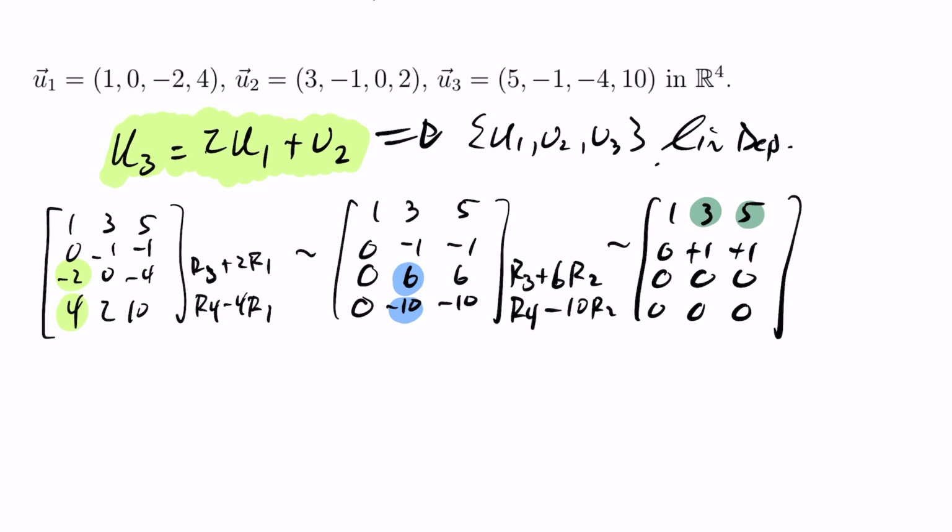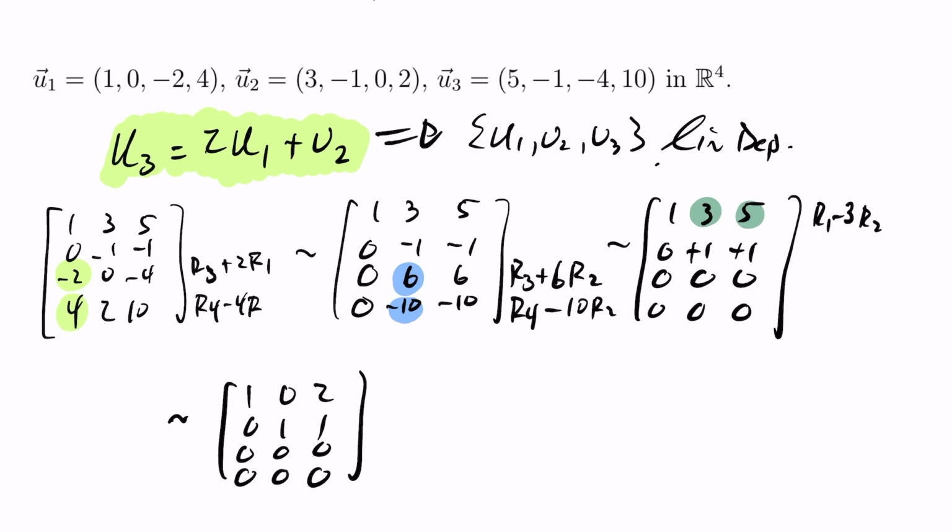So I'm going to take row 1 and subtract that from 3 times row 2. Going ahead and doing this operation, I end up getting 1, 0, 2, 0, 1, 1, 0, 0, 0, 0, 0, 0.